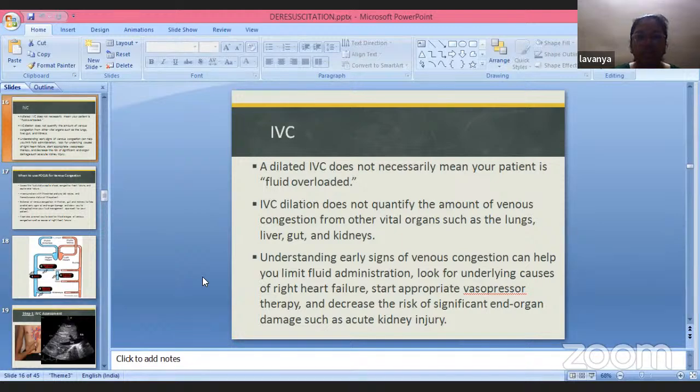So hence, it is very important to develop a tool which will let us know the early signs of venous congestion, and by limiting the fluid administration, we can avoid end organ damage.